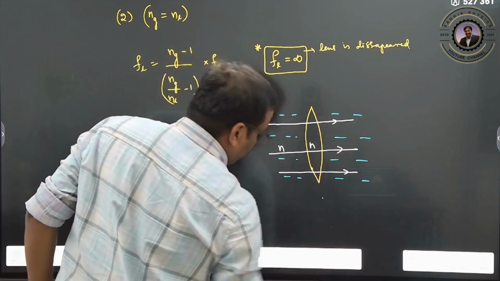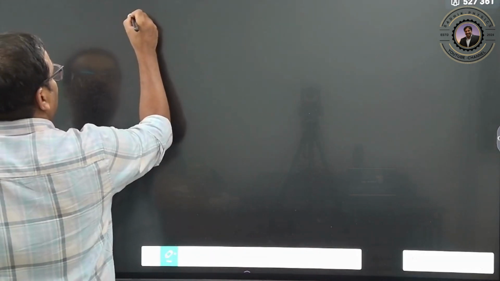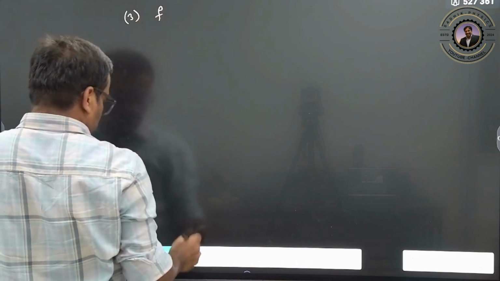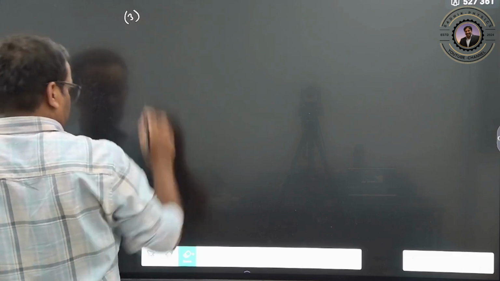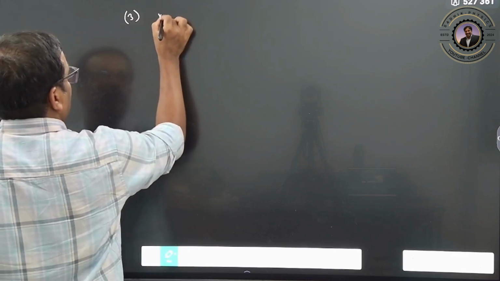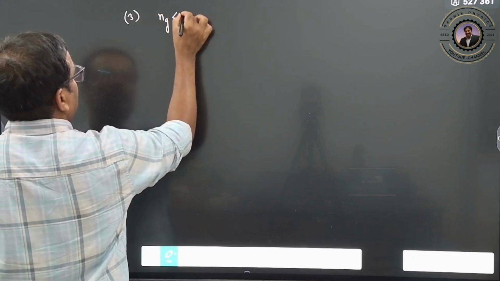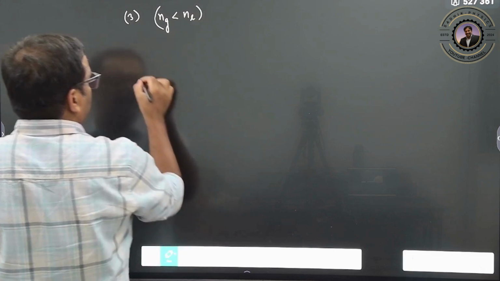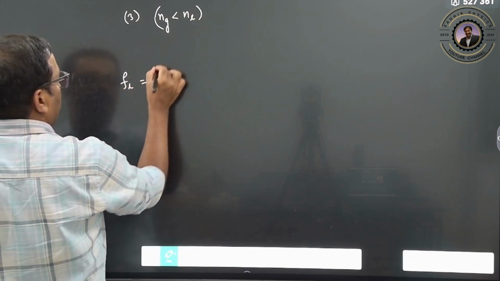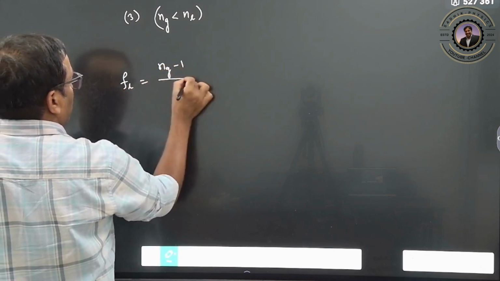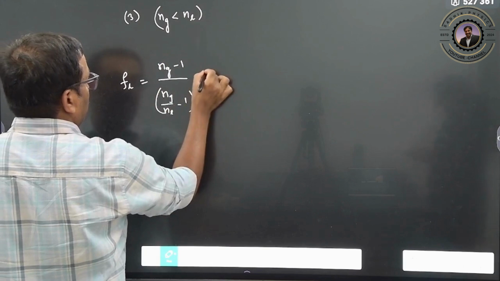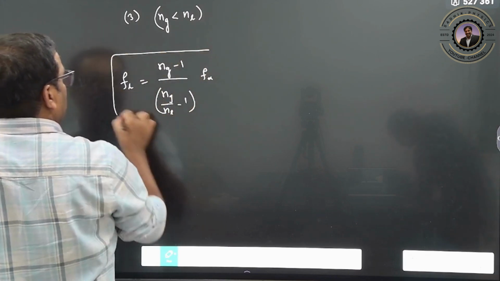Now, a more important scenario, the third condition. What is the third condition? The refractive index of the glass is less than the refractive index of the liquid. So what will happen now? The focal length of the lens in liquid is (Ng minus 1) by (Ng by NL minus 1) into Fa, clear.